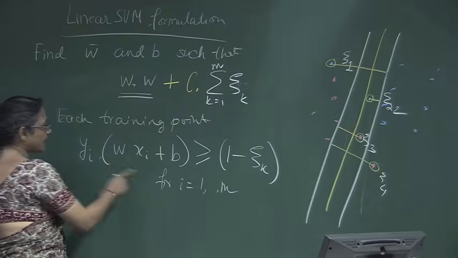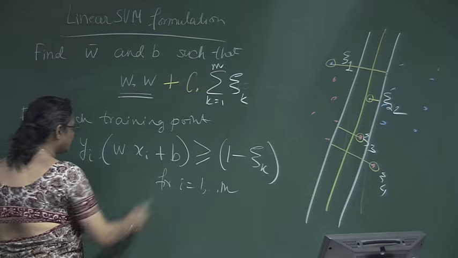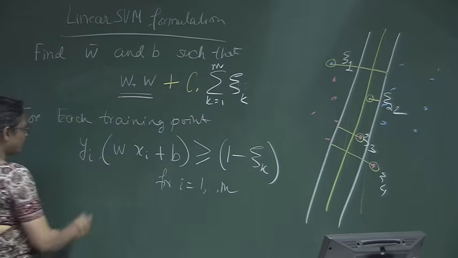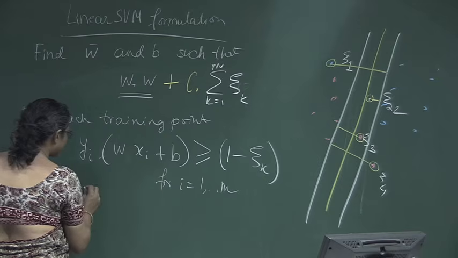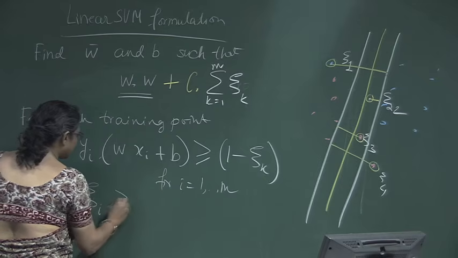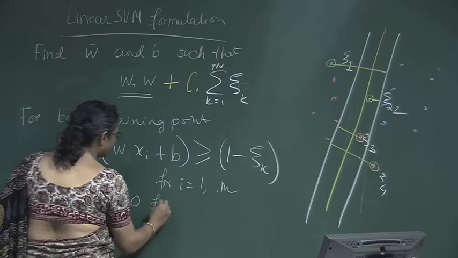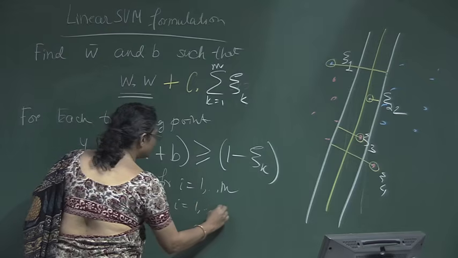In this case, we have a set of m nonlinear constraints, and we also have m constraints xi_i greater than or equal to 0 for i equal to 1 to m.